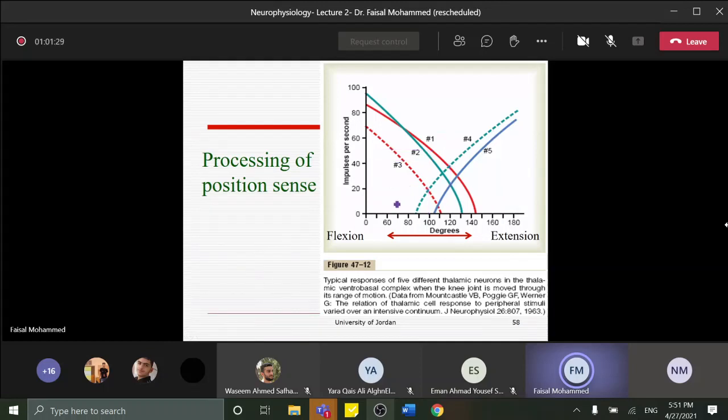And this is important to understand because when we come to heat, to temperature, it has the same principle.